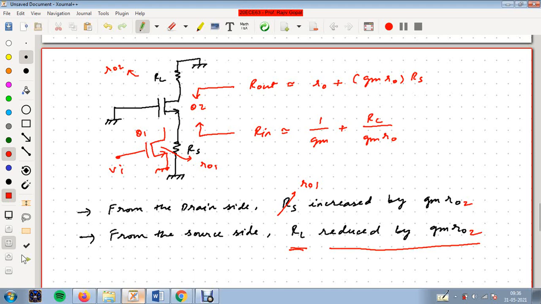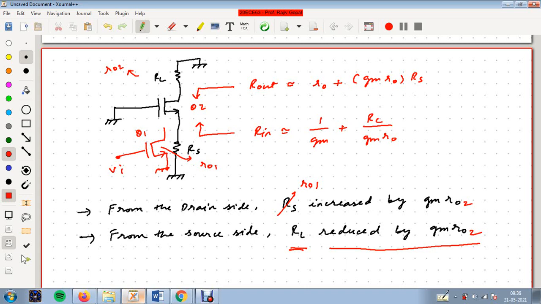It will obviously be more, right? So for a given range of frequencies, my midband gain is somewhat good, but since my RL is getting reduced here, the gain over the band of frequencies will tend to increase.